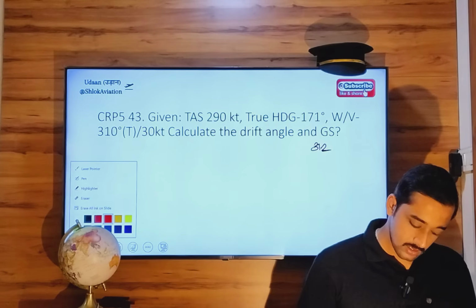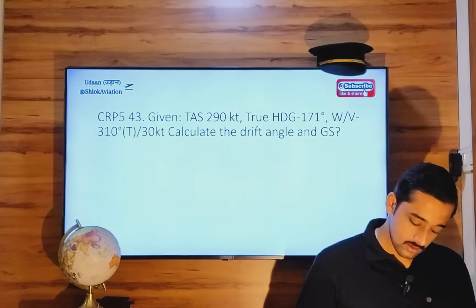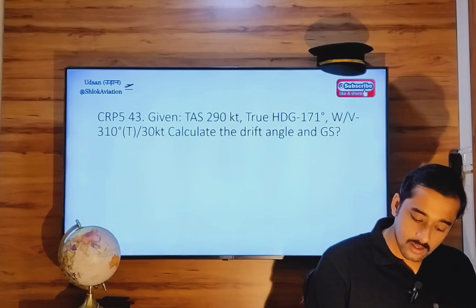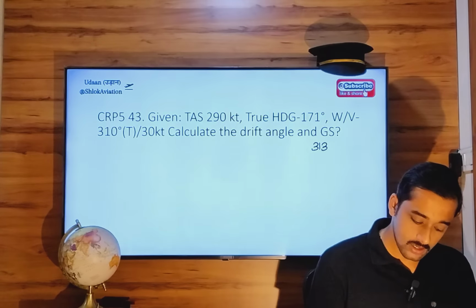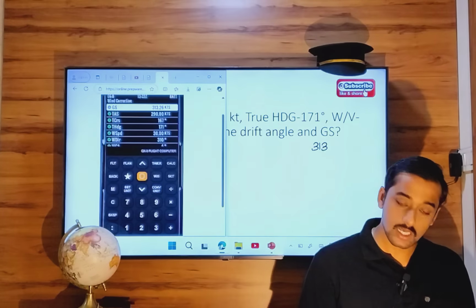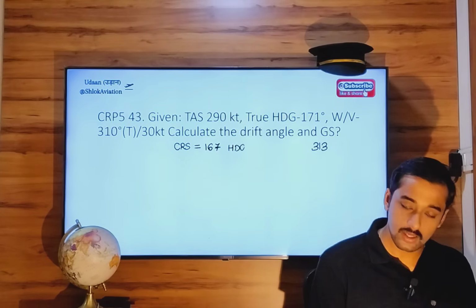So ground speed will be 313 knots. True course is how much? 167. Heading here is how much? 171.